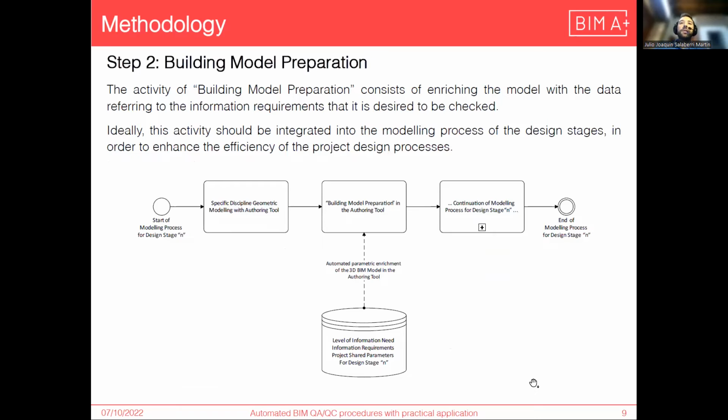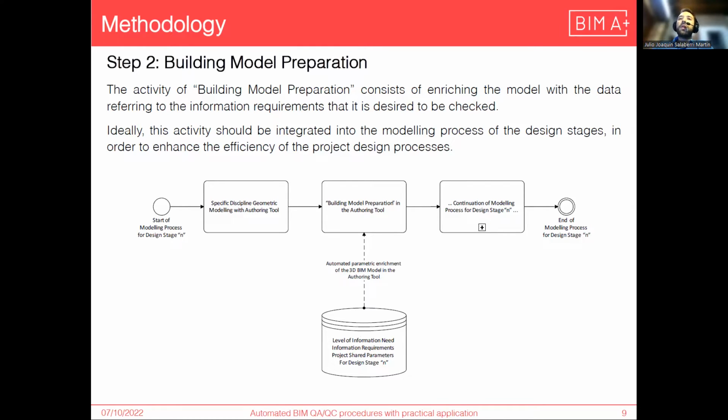The second step, building model preparation, consists of enriching the model with the alphanumerical information, because our objective is to validate the alphanumerical information contained in the model. This is a step that can be automated and should be automated when possible, because we know that human action can imply errors.